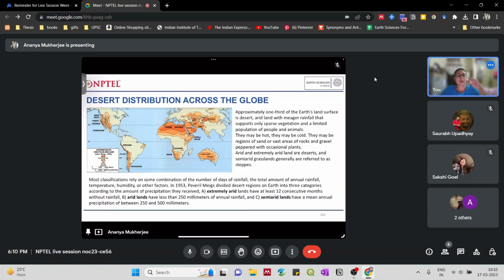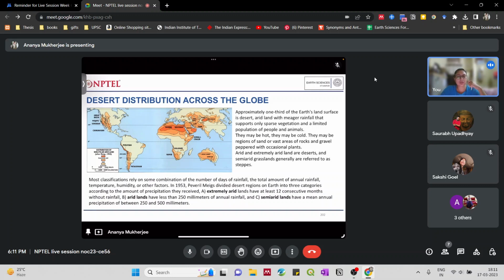How would you classify these desert areas? Mostly these desert areas occur in the subtropical latitudes. They expand from the equator also, and then move up to the subtropical latitudes. Peveril Meigs classified the desert regions into three categories.